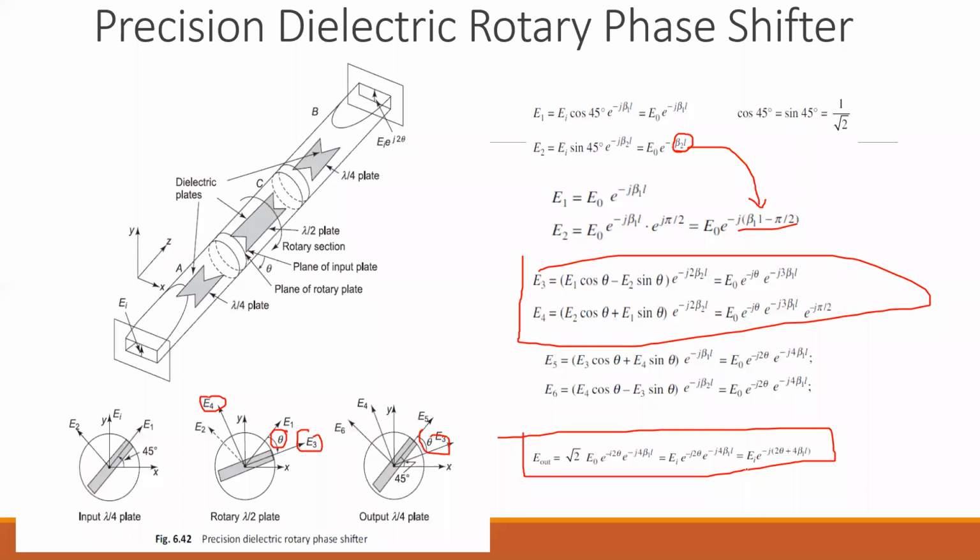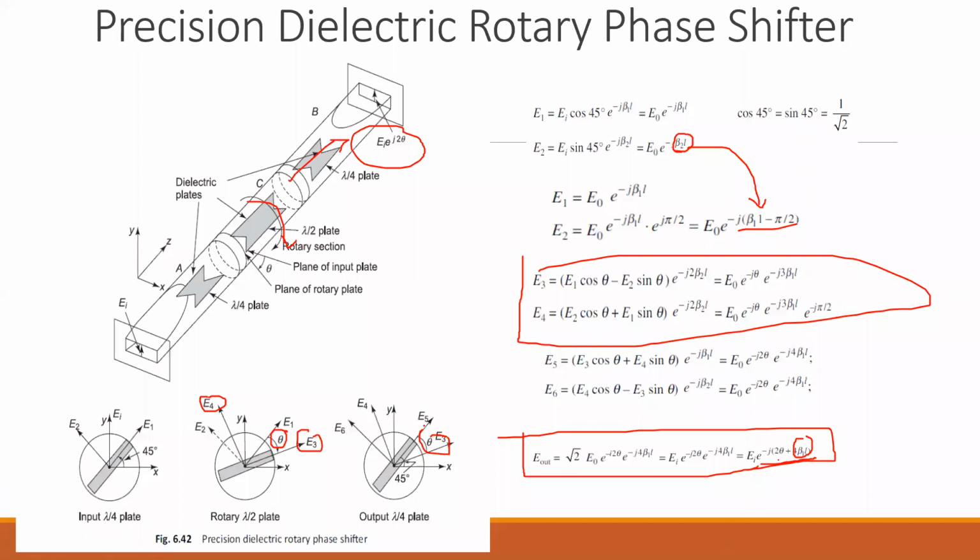In the final, you will have EI into e raised to minus j, 2 theta plus 4 beta 1 into L. Depending on what angle you have rotated, a phase shift will be obtained at the output of this field. So you will have EI into e raised to j 2 times theta, and along with that, this phase shift will also be added.